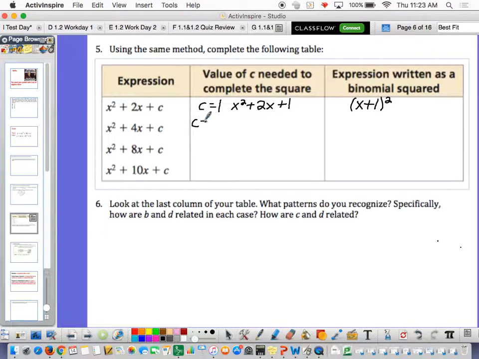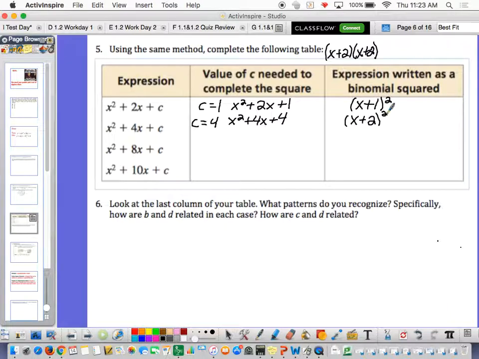C equals 4. Okay? So then that would be x squared plus 4x plus 4. Hopefully you can tell that that factors to x plus 2 times x plus 2. If not, you could go off to the side of your paper and do it. So then this turns out to be x plus 2 squared. Okay? We're going to start to see a pattern here.